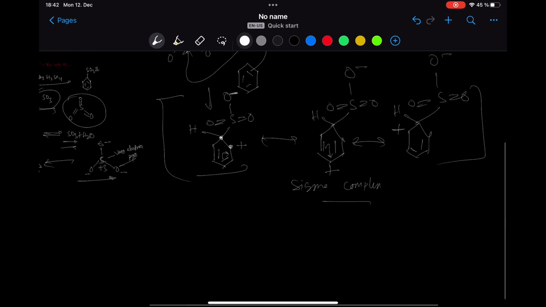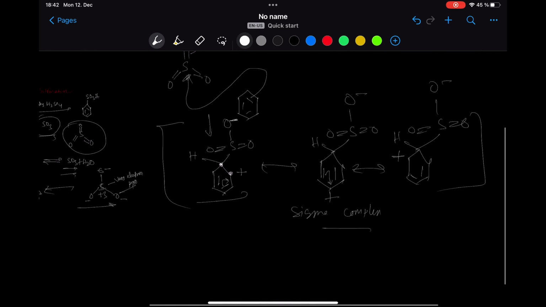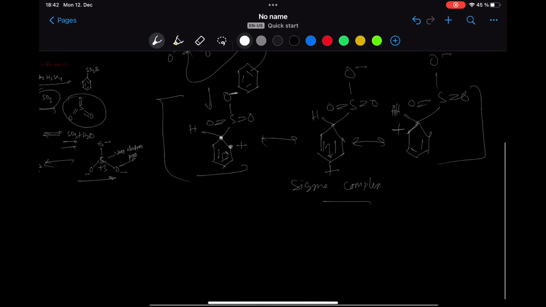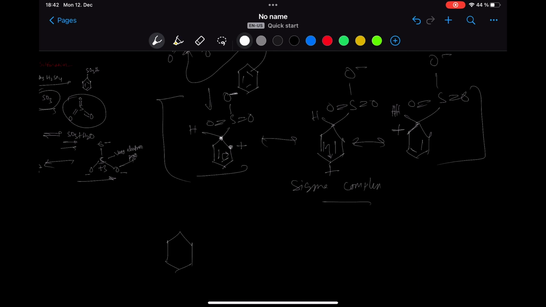In the second step, we will try to remove this hydrogen so that we can reform our double bond here. And for this, we have water when we're using this sulfuric acid, right? Because sulfuric acid is always in an aqueous solution. So that means, let's say we have this intermediate here, and we have double bonds here and here, and we have our water.